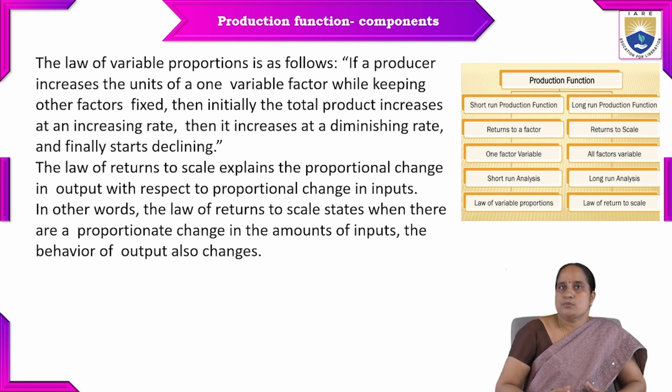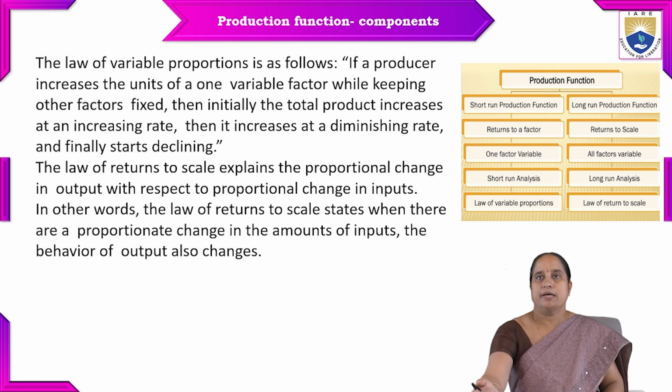The law of returns to scale explains the proportional change in output with respect to the proportional change in input. In other words, when there is a proportionate change in the amounts of inputs, the behavior of output will also change.